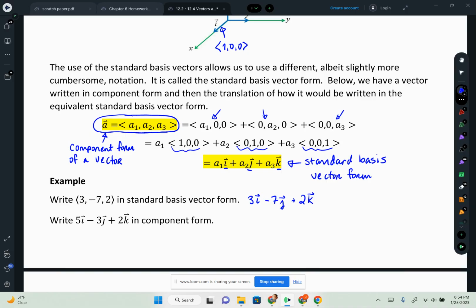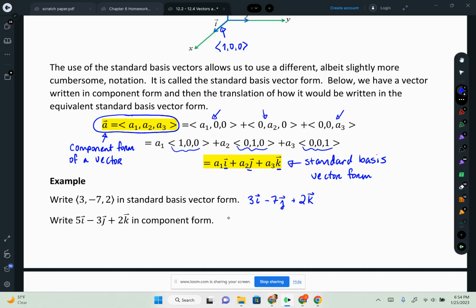And then we want to look at vice versa. If I have a standard basis vector form where I have 5 i hat minus 3 j hat plus 2 k hat, and I want to rewrite that in component form, then I have to get rid of the i, j, and k, get rid of the sums in the middle, and get some commas in there. Now, notice I said get rid of the sums. Don't get rid of the subtraction, just turn it into a minus sign.